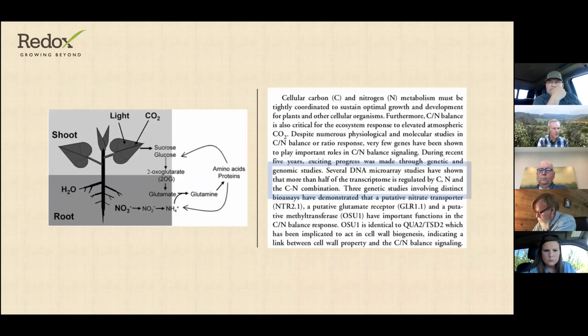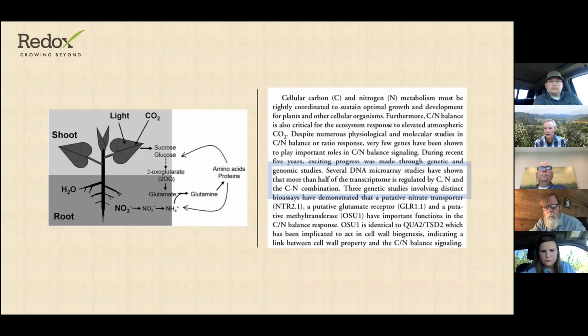And highlighted in the paragraph on the right is this statement that studies show that more than half of the transcriptome, so in other words, the type and amount of proteins that are produced by the plant, is regulated by carbon, nitrogen, and this balance of carbon and nitrogen. So this is really fascinating.